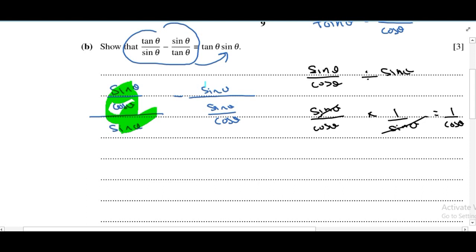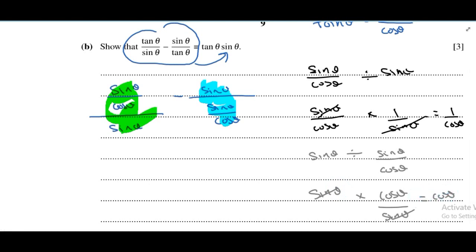If I simplify the other part, it could be written as sin theta divided by sin theta over cos theta. So it would become sin theta multiplied by cos theta over sin theta. This gets cancelled again. We are left with cos theta.